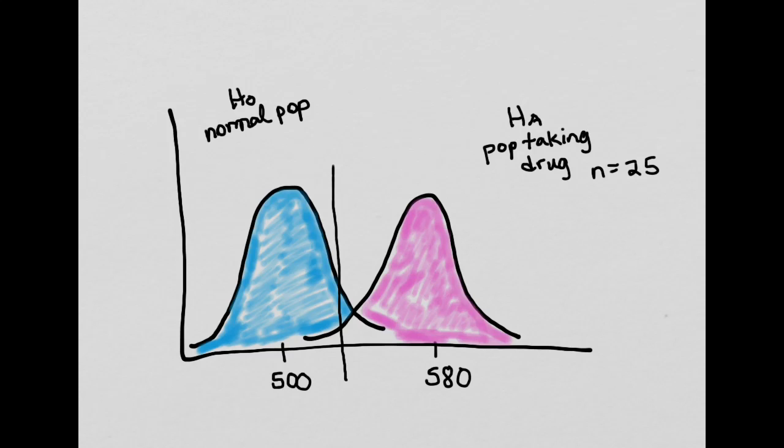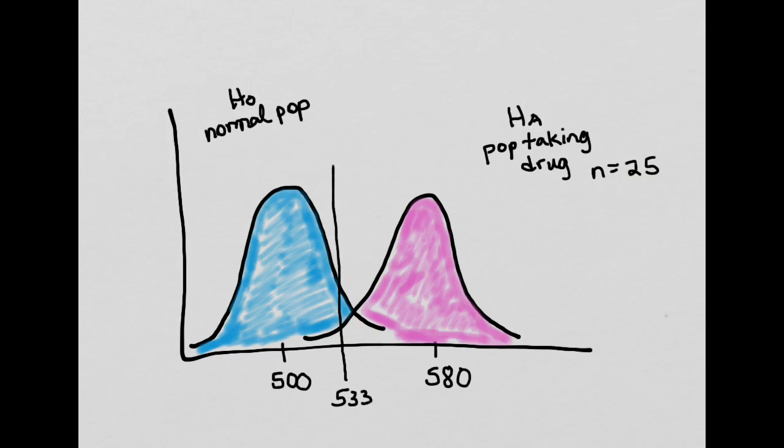So when we do our sample, we're not aware yet of this alternate distribution over here, but we take our sample of 25 and we get a score, and this value is 533. Based on that mean of the sample that we took, we decide whether to reject the null hypothesis or not.